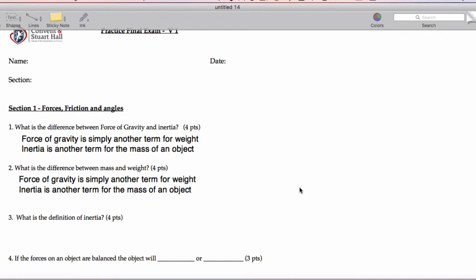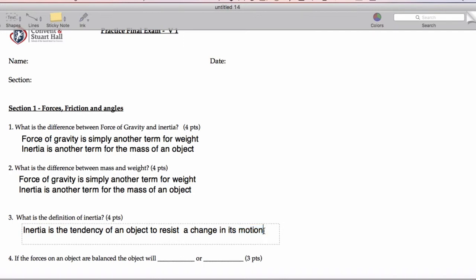More importantly, though, let's actually talk a little bit more in detail about what we mean by the definition of inertia. So first, this is a full definition of inertia. Inertia is the tendency of an object to resist a change in its motion. And what that means is if it's at rest, it tends to stay at rest. If it's moving, it tends to stay moving in a straight line and at a steady speed.